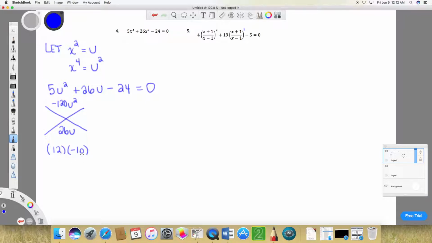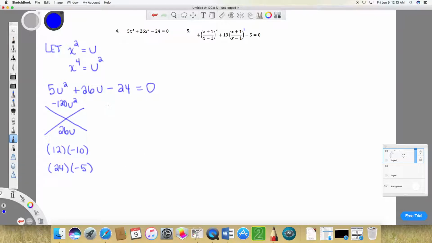So what if I try 24 times negative 5? Well, that adds up to 19, so I'm closer, but it doesn't add up to 26.